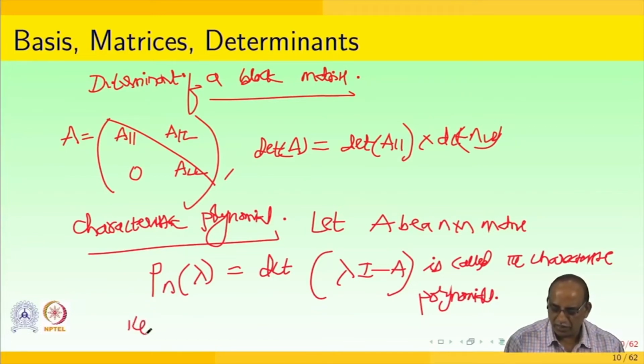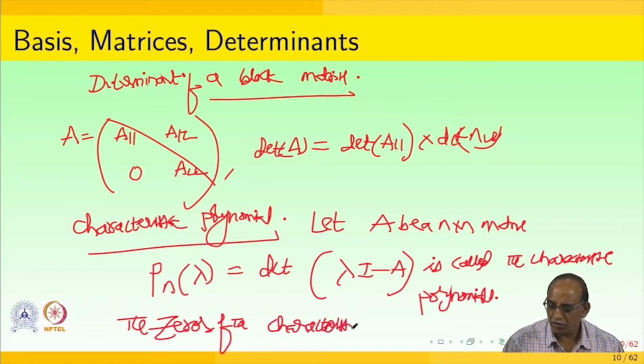So in general, the zeros of the characteristic polynomial are called eigenvalues.